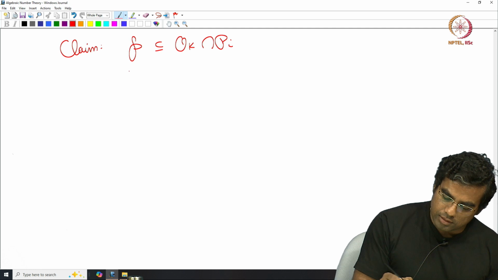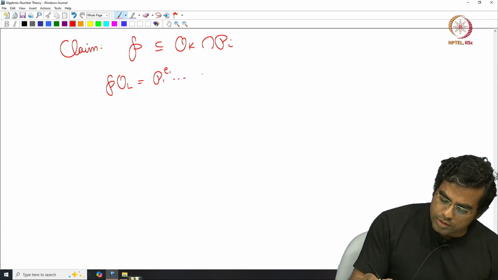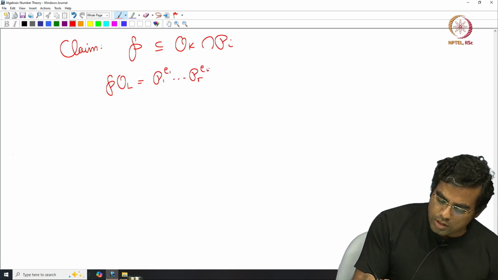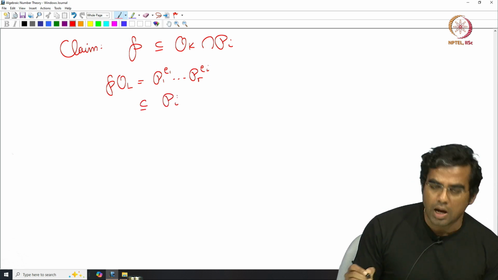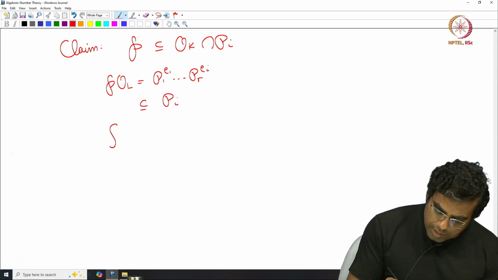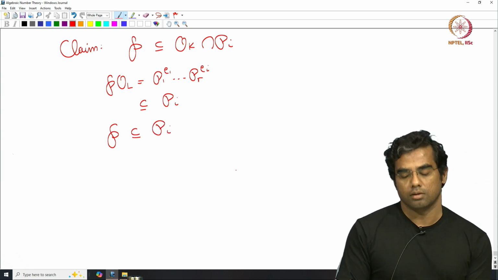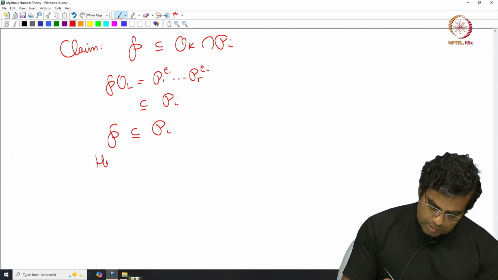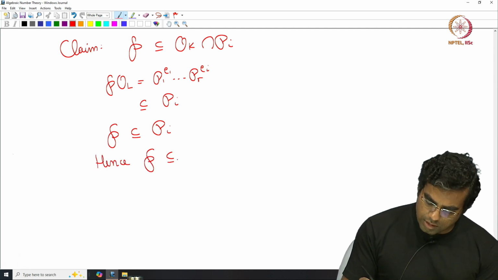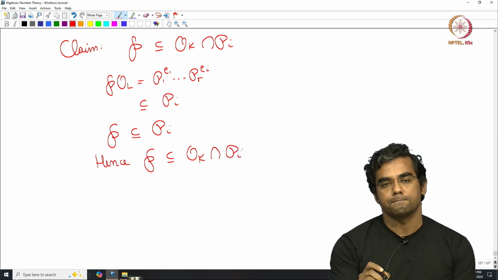So, remember that P O_L is P1 to the E1 and so on up to PR to the ER, which is contained in P_i. So, in particular P is contained in P_i, right, and of course, P is contained in O_K. So, hence P is contained in O_K intersected with P_i, right.